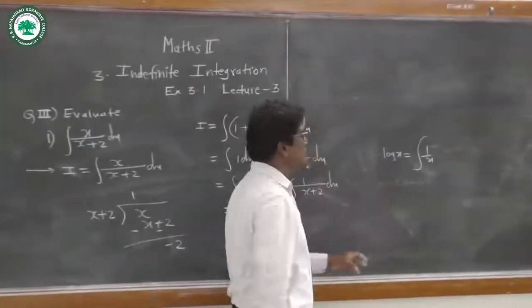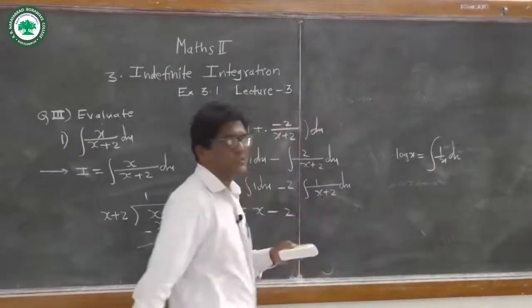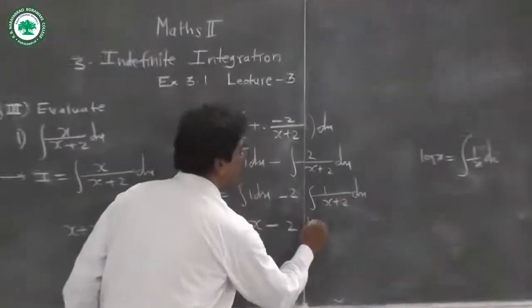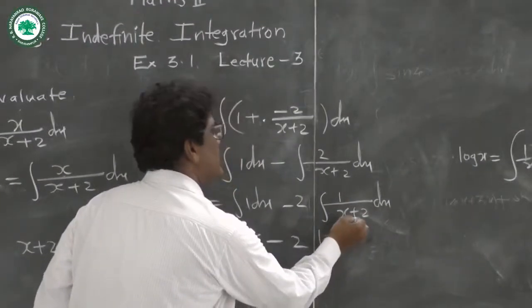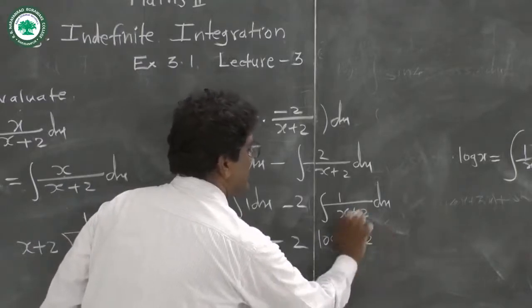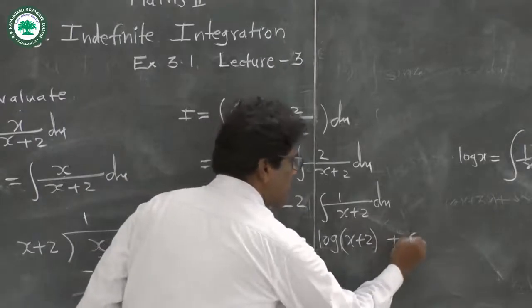So the integration of 1 upon x dx is equal to log x. In place of x there is x plus 2, so we write log of x plus 2, and now write plus c.